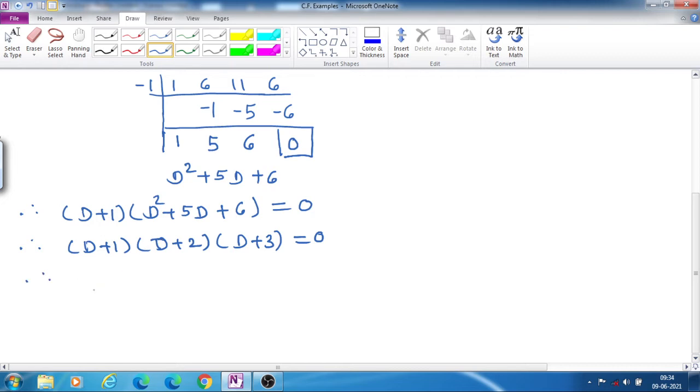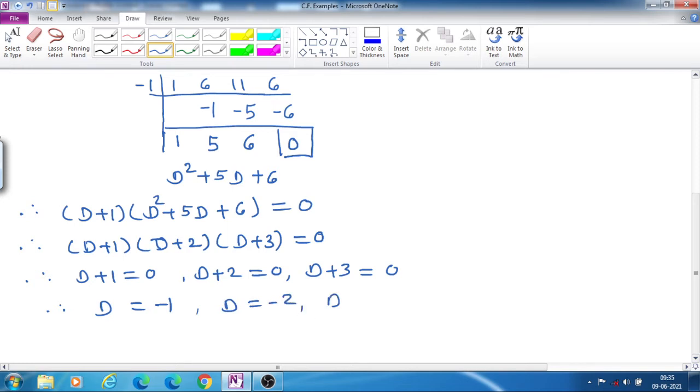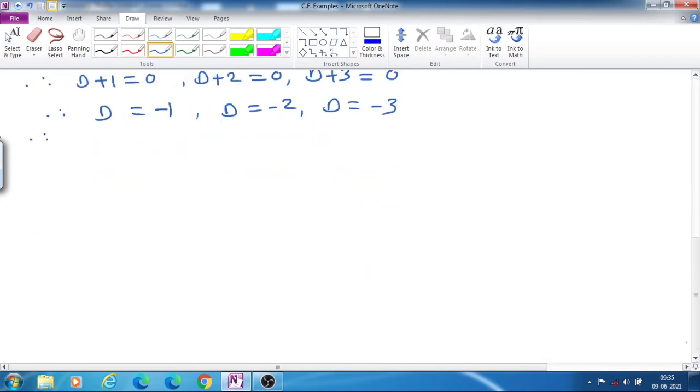And now we can find values of d as this is d plus 1 is equal to 0, this is d plus 2 is equal to 0, this is d plus 3 is equal to 0. So therefore d is equal to minus 1, d is equal to minus 2 and d is equal to minus 3. So these are the roots of the equation, and now we have to write complementary function.